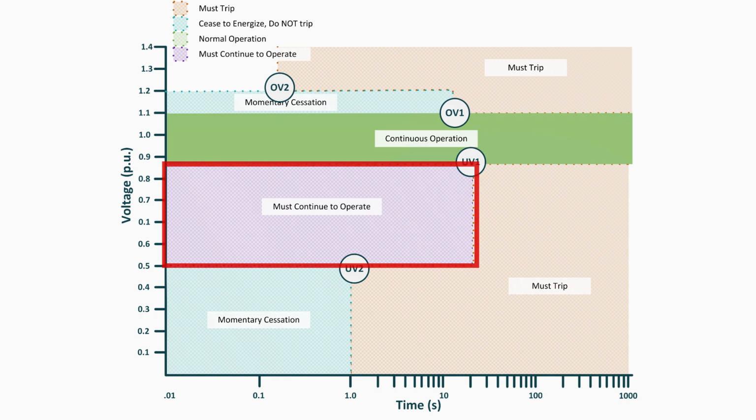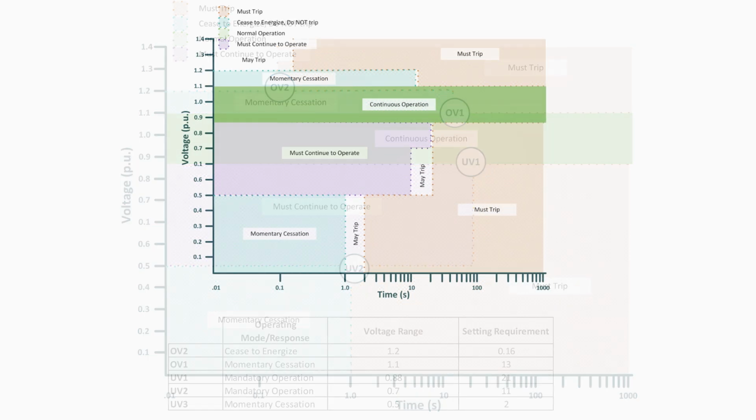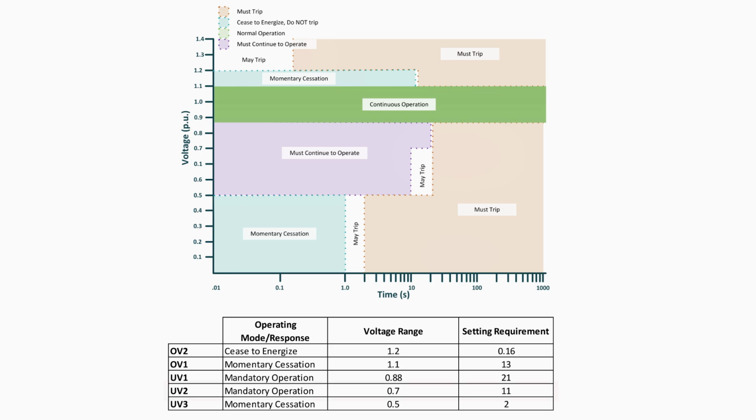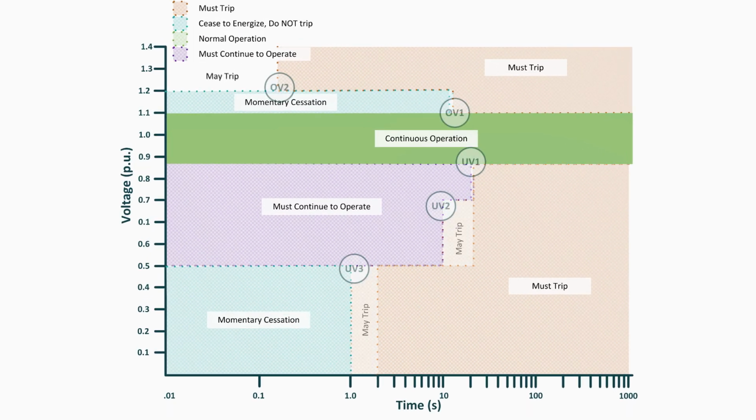This one setting covers this entire voltage range. Here is another example, and everything is the same, but the 0.7 to 0.5 range has different settings of 11 seconds. This introduces an additional undervoltage setting for a total of 3 undervoltage set points. These are just 2 examples on how you can meet the standard requirements with 2 different set points.